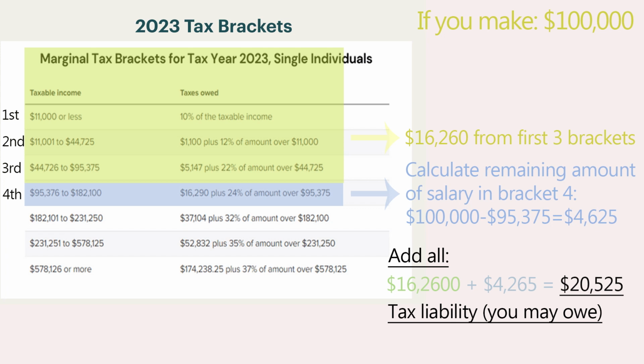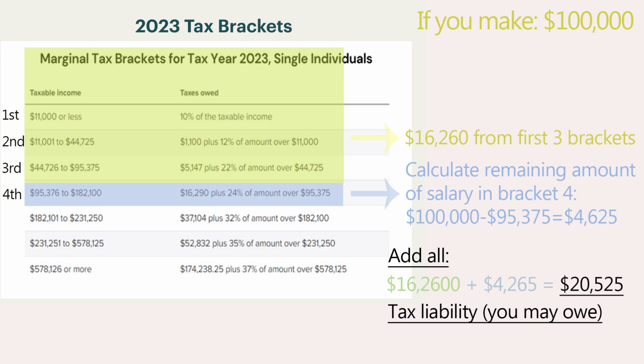And for a $100,000 salary, that range is, according to this bracket, your first $11,000 is going to be subject to 10% tax. Above that, $11,001 to $44,725 is going to be subject to 12% tax.